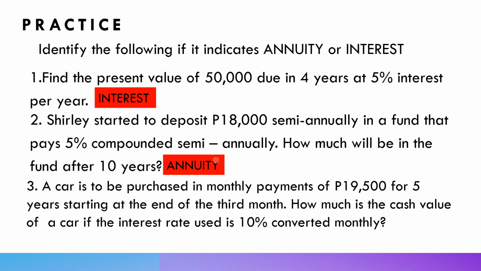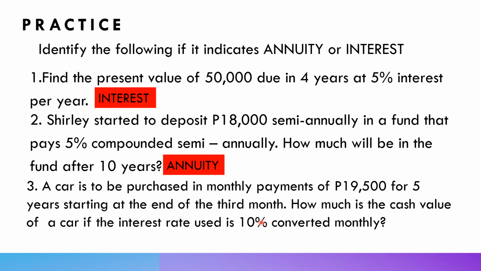Next, number 3. A car is to be purchased in monthly payments of 19,500 for 5 years starting at the end of the third month. How much is the cash value of the car if the interest rate used is 10% converted monthly? Is this an annuity or interest?